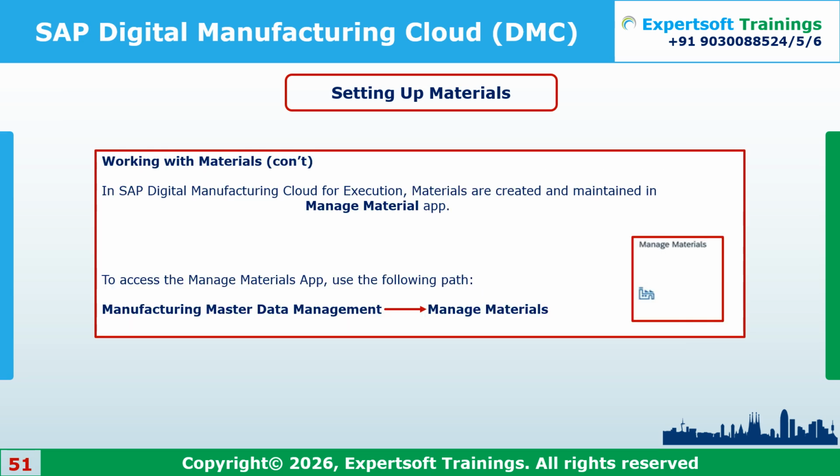Quick question. Material masters will be integrated from S4 to DMC. However, does DMC have all the fields which are available in S4, or does it have only the required fields which are needed for execution?